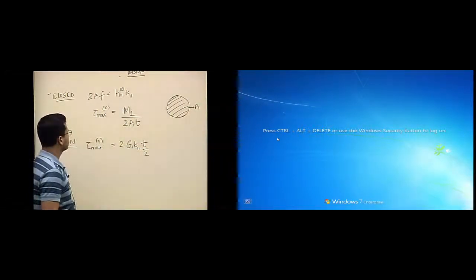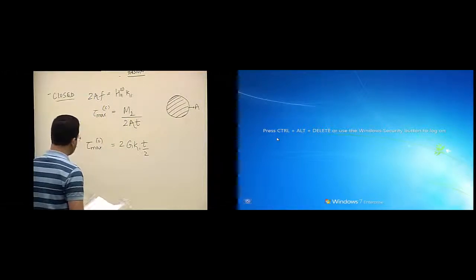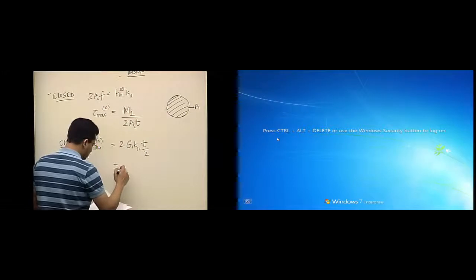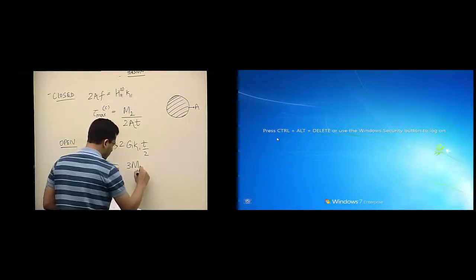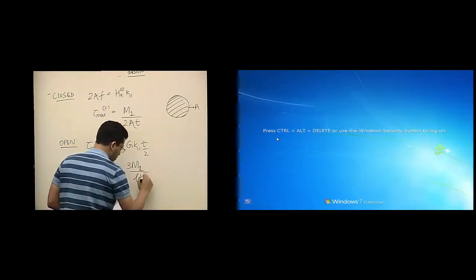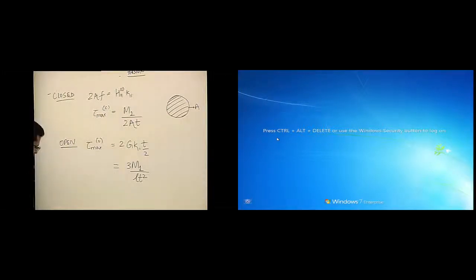The professor did it last time as like a cursive A, with a squiggle on the end of it. And so essentially you would get that this is 3M1 over LT squared on simplification, and then you can just take the ratio.